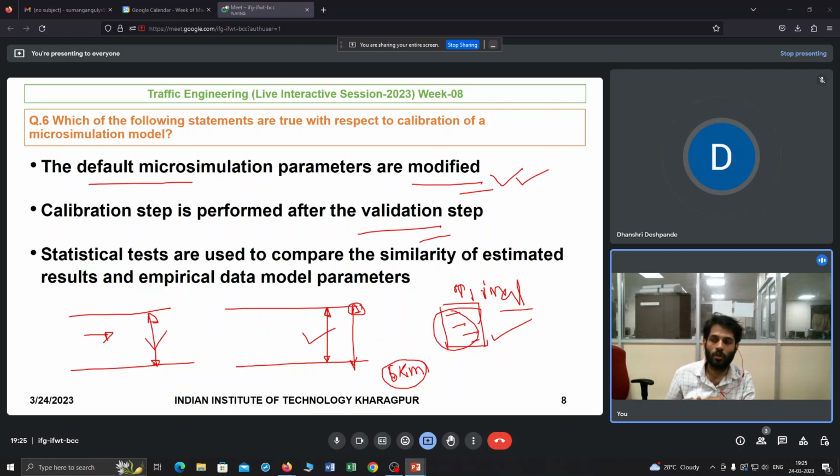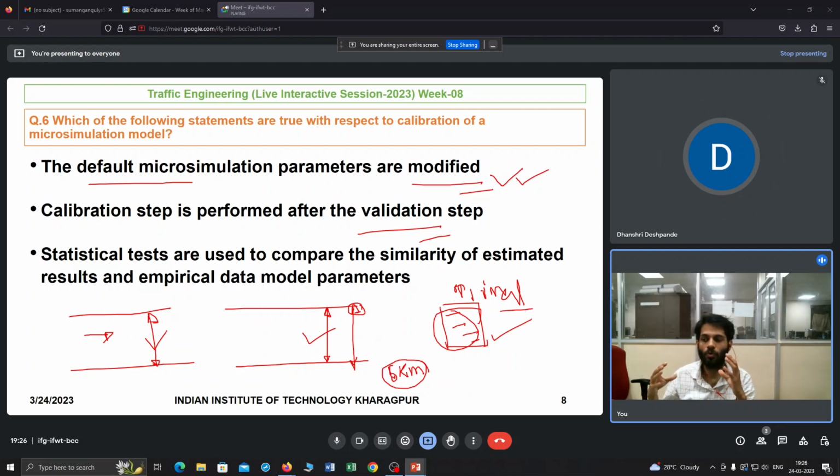So what about the speed? Are they matching the actual operating speed on field and in your model? Is it that your time headway distributions are matching? Is it that your acceleration distributions are matching? Is it that some other parameters which are relevant to your study are matching?